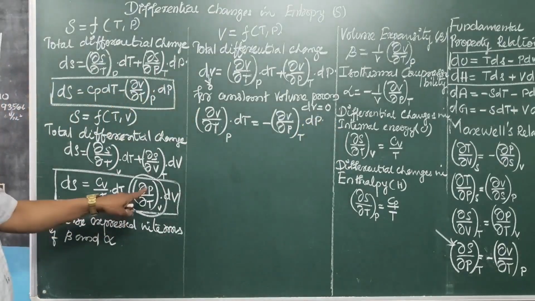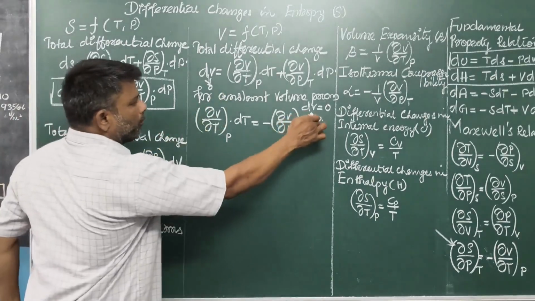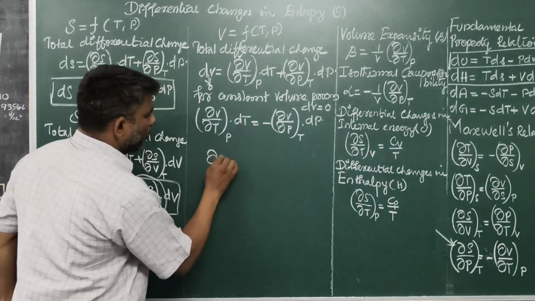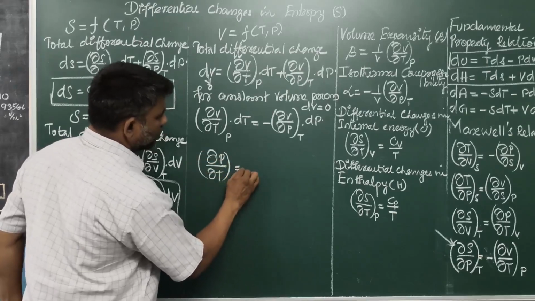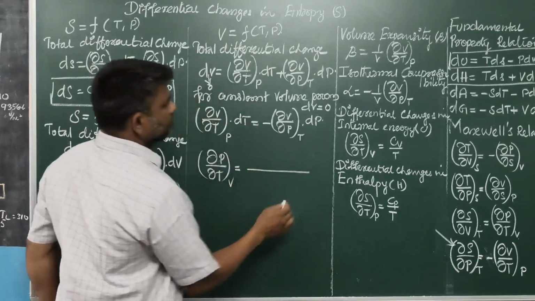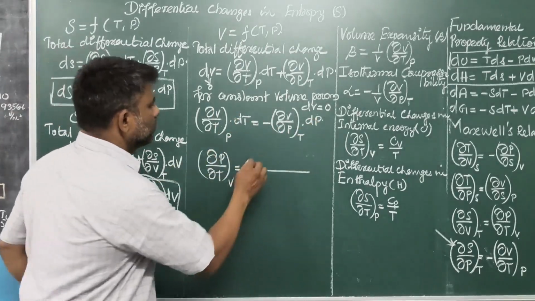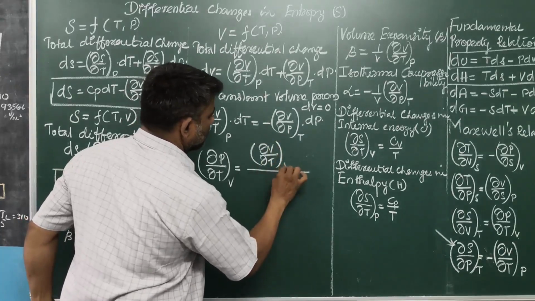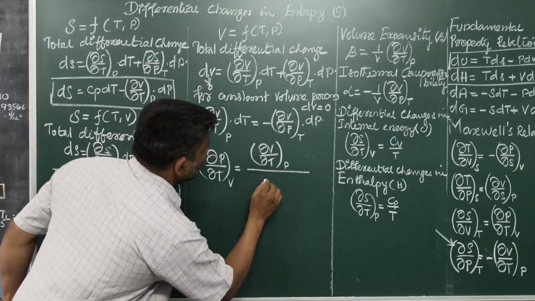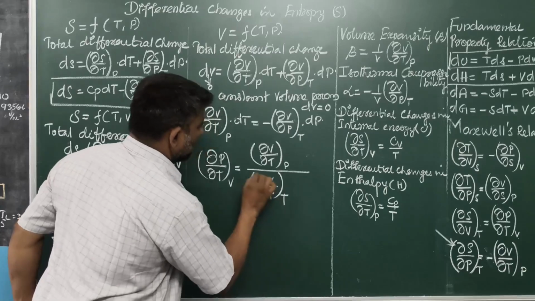I am in need of dou P by dou T at constant volume. So dou P by dou T at constant volume is equal to minus dou V by dou T at constant pressure divided by dou V by dou P at constant temperature.